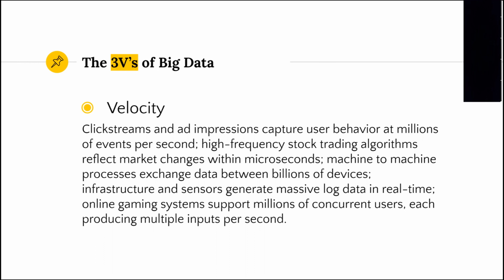If your data is expected to grow at this astronomical rate, then you have a serious big data problem, because continuing to add hard drives is going to be practically impossible, or waiting until a full set of data is accumulated and then doing a lazy update on your machine learning model is not going to work either. So you somehow need the capacity to handle all this real-time stream of data, and that's what velocity is all about.